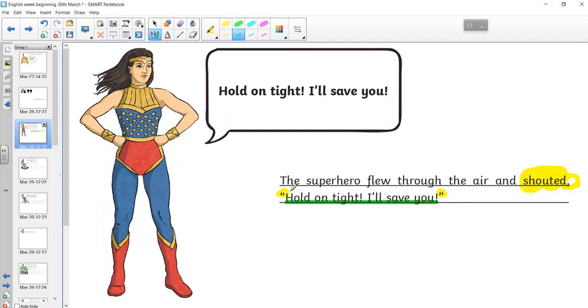So you can see we start with a capital letter and we have an exclamation mark or an end of sentence punctuation. Because there's a second sentence in there, we start with a capital letter and we end with the end of sentence punctuation inside the inverted commas. There is no full stop outside the inverted commas. Let's have a look at another example.